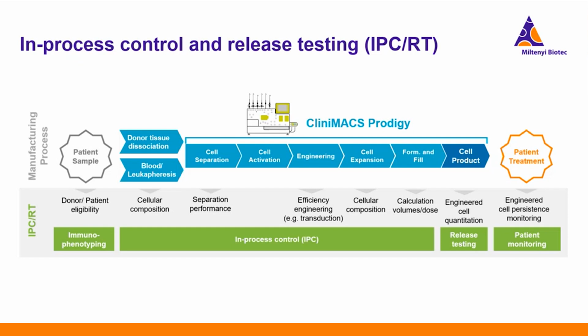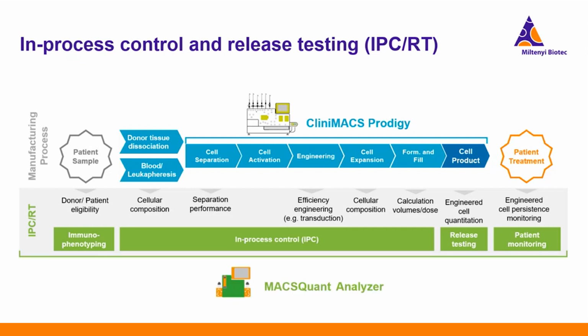Here you see some examples of certain assays that can be performed, such as the analysis of the cellular composition at different stages of the process, or the evaluation of the efficiency of the genetic engineering, such as transduction efficiency. And many of these assays can be performed by applying flow cytometry tools.